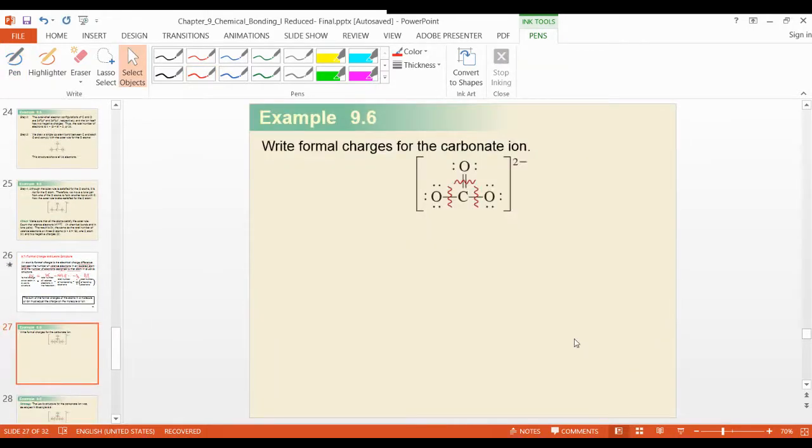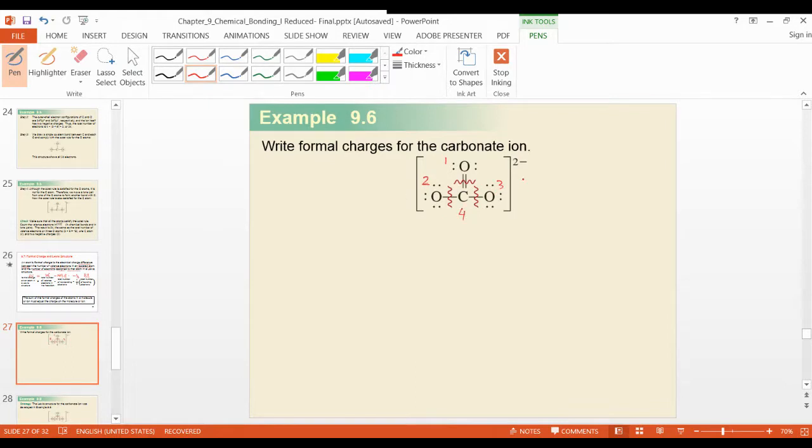Now, suppose we have this. Okay, we got this formula, which we have just done, remember? I will make a double bond here in this oxygen, no problem. All the oxygen bonds are the same. You can make the double bond between carbon and any oxygen, either here or here or here. Suppose this is oxygen number 1, this is oxygen number 2, this is oxygen number 3, and the fourth one is carbon.